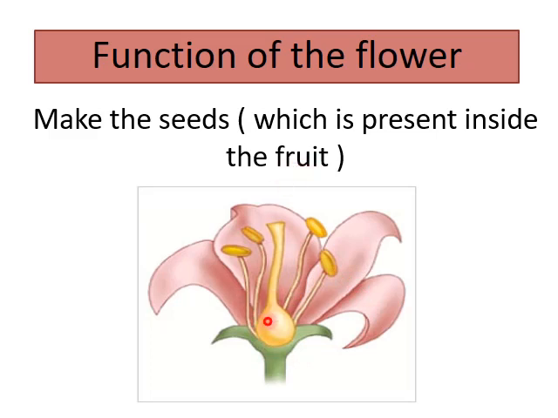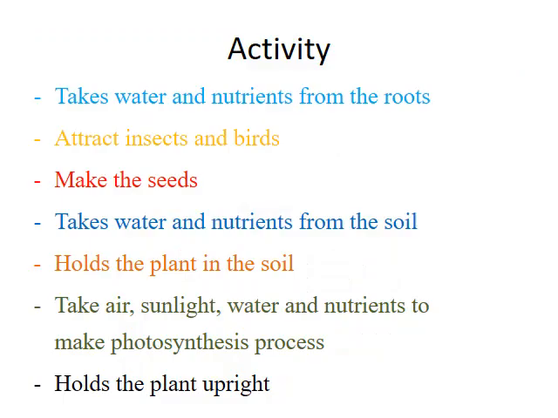So the fruit is actually a part of the flower of the plant, and inside any fruit we find seeds, like for example the apples. So one of the functions of the flower is actually to make seeds. We're going to explain this later, and you will understand that very well in the next session, inshallah.